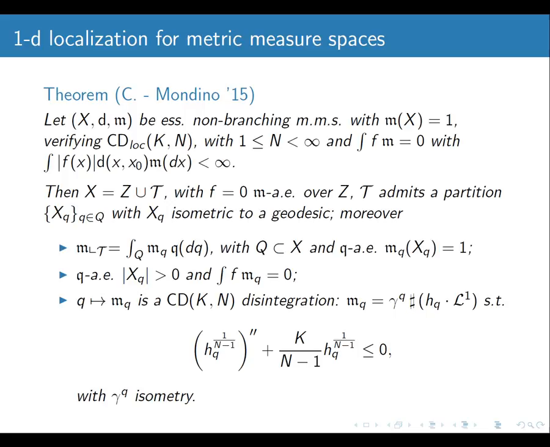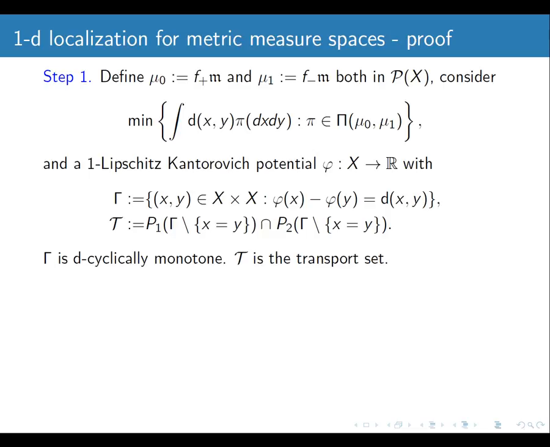What it means is that the metric measure space (X_q, m_q) with the distance verifies the curvature dimension condition. This can be made a little bit more explicit by saying that m_q will be a measure concentrated on a one-dimensional space. So we'll have a density with respect to the Lebesgue measure, and this density verifies in the weak sense the curvature dimension inequality. So as we've already seen, once you have this theorem, you directly have the sharp isoperimetric inequality in this way.